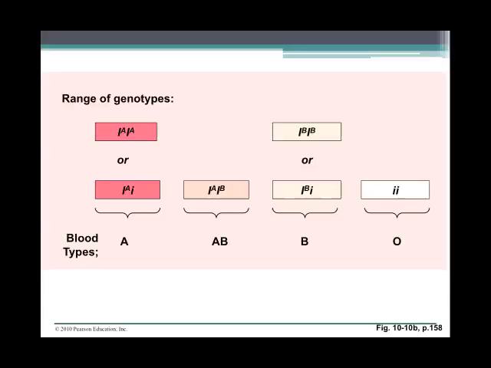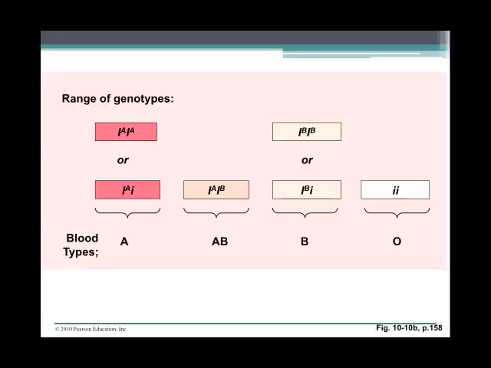Now, the squares above them are the different genotypes that will present blood type A. Blood type A is the phenotype. So we need to see the genotypes that make up A, and there are two possible combinations.